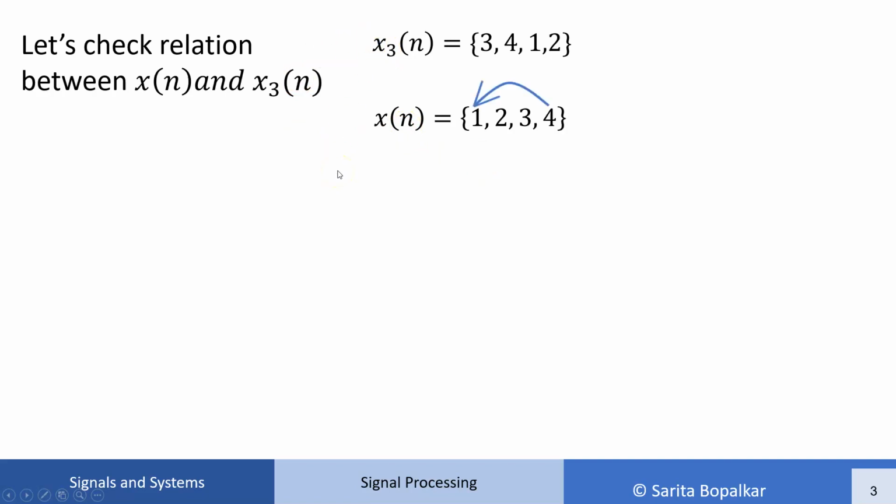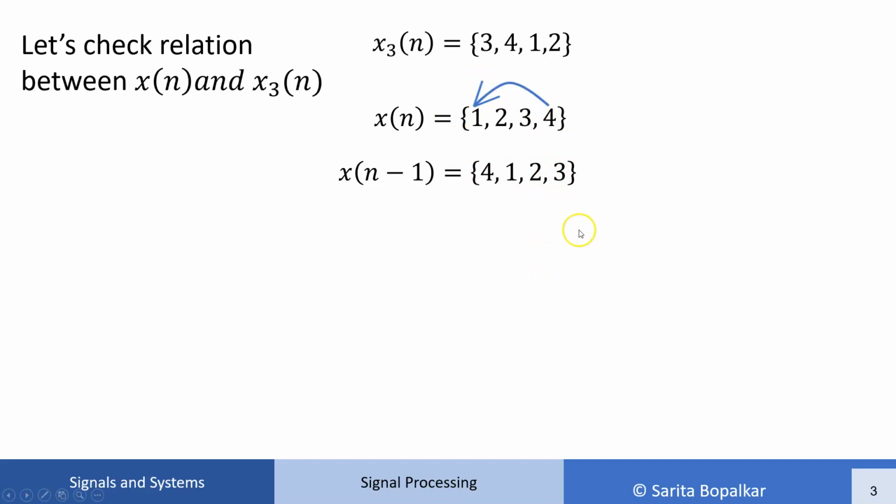First we apply a shift by 1 unit. It is a delay operation, that's why it is anticlockwise. So x of n minus 1: the 4 gets shifted here and the other sample values shift by 1 unit to the right, so 4, 1, 2, 3.